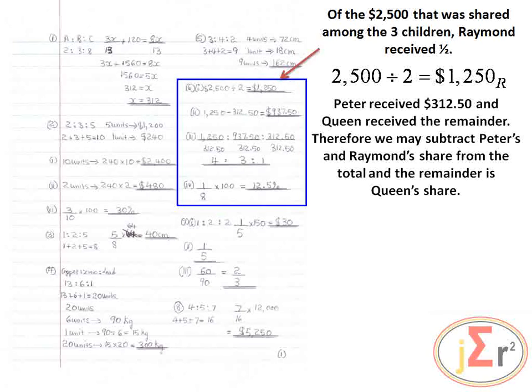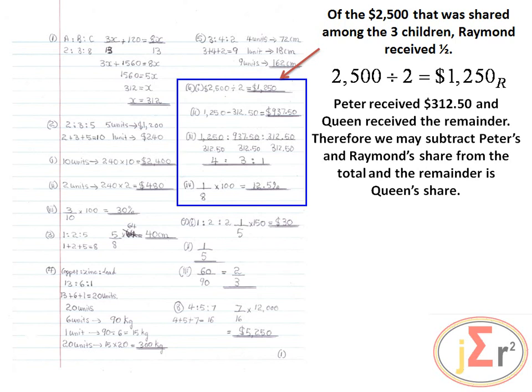It is said that Peter received $312.50, and Queen received the remainder. Therefore, we may subtract Peter and Raymond's share from the total, and the remainder is Queen's share. Only 3 shares. One got 1,250, and the other one has $312.50.